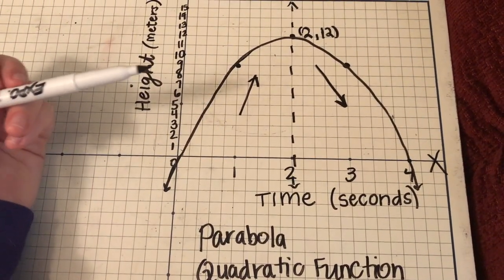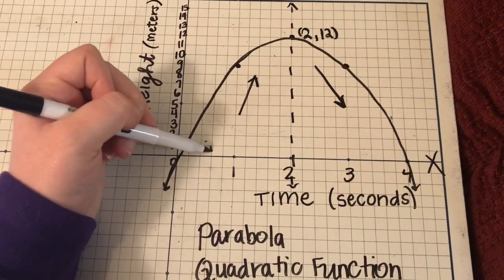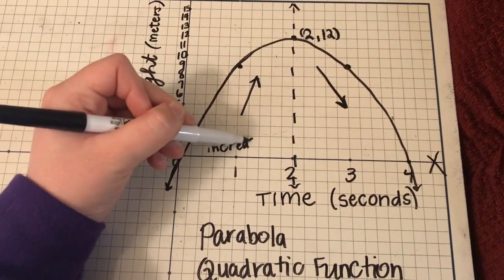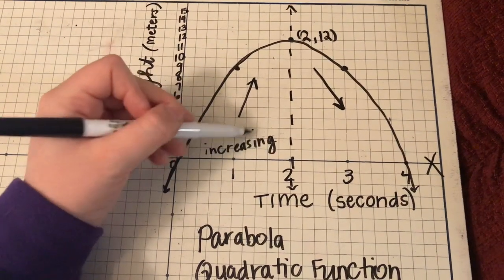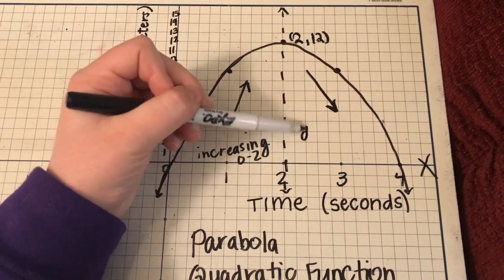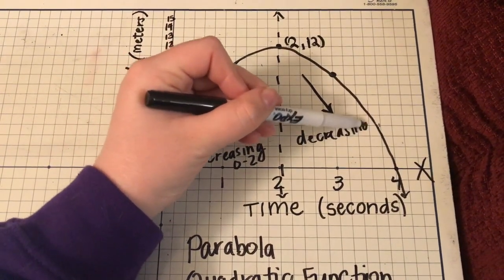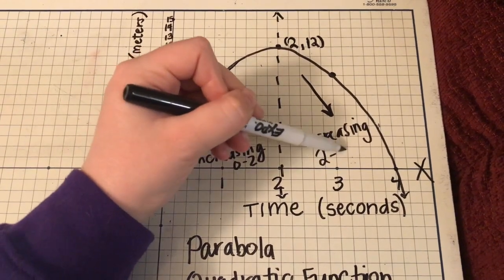So you could say that this graph is increasing from 0 to 2. And then our graph is decreasing from 2 to 4.